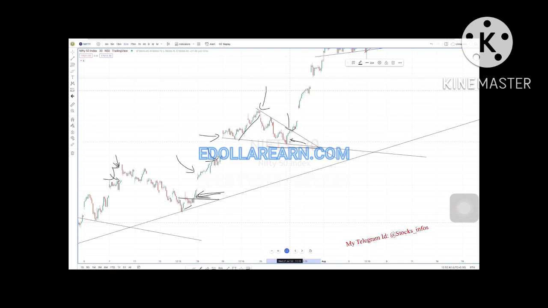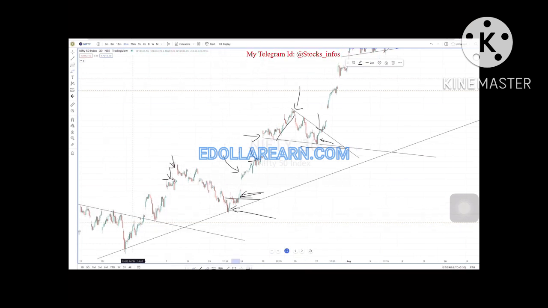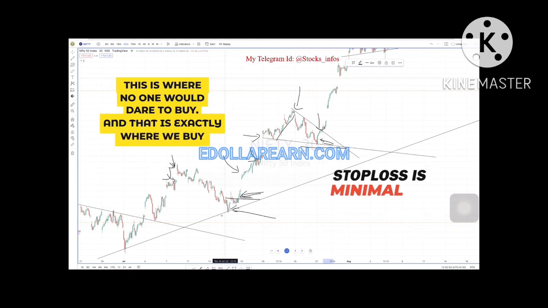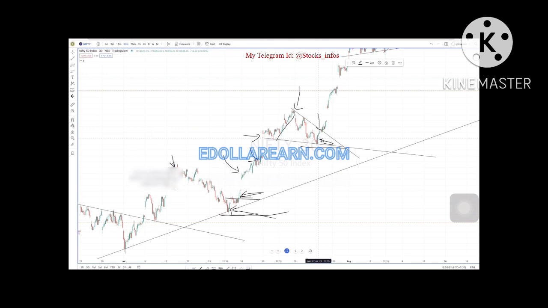So the key point here is, the reason why we are going along here, is because our stop loss is minimal in all the cases. If it is breaking down, we can exit quickly. Let's say we are entering here, if it is breaking down, we can exit quickly with small stop loss.